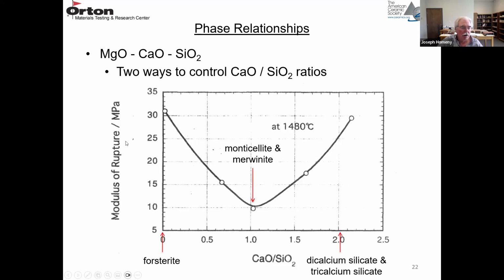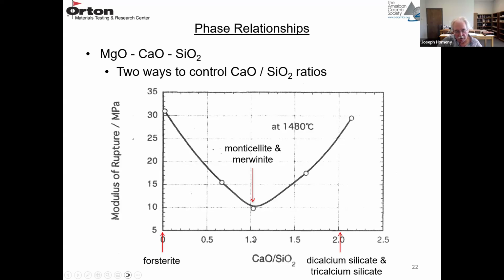This MOR, the hot strength, was measured at 1480 degrees C, which is still a temperature quite a bit lower than the use temperature for making steel. At 0 here, you're going to form this magnesium silicate forsterite. When you're getting up above 2 here, you're just going to have dicalcium silicate and tricalcium silicate. And in between, you're going to have monticellite and merwinite.